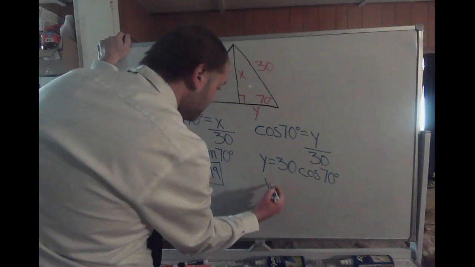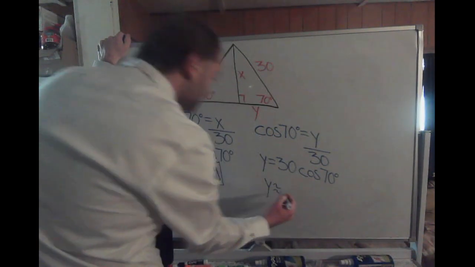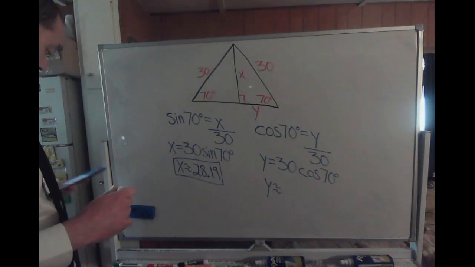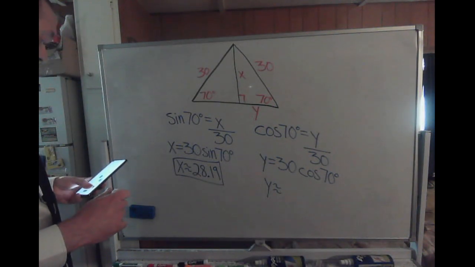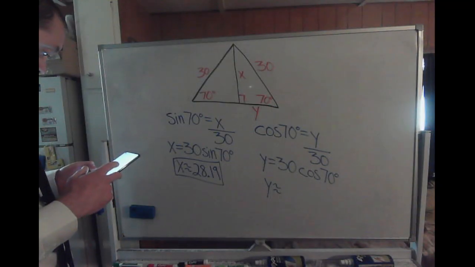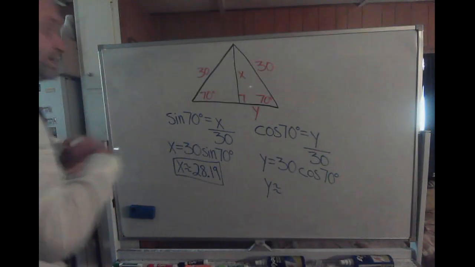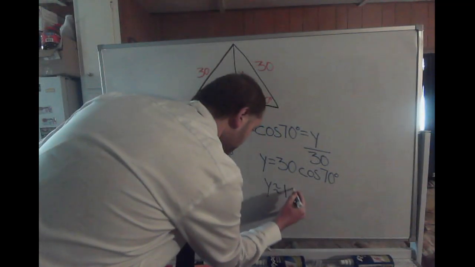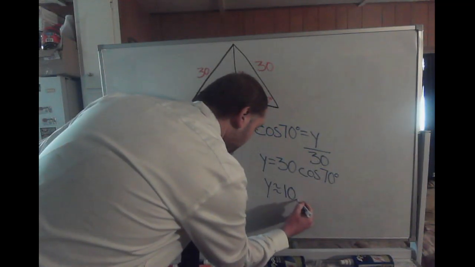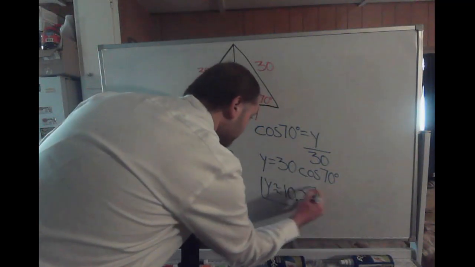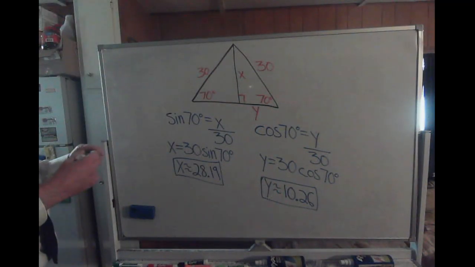And then we can do another 2 decimal place approximation, which would give you about 10.26. So the value of y is going to be equal to approximately 10.26.